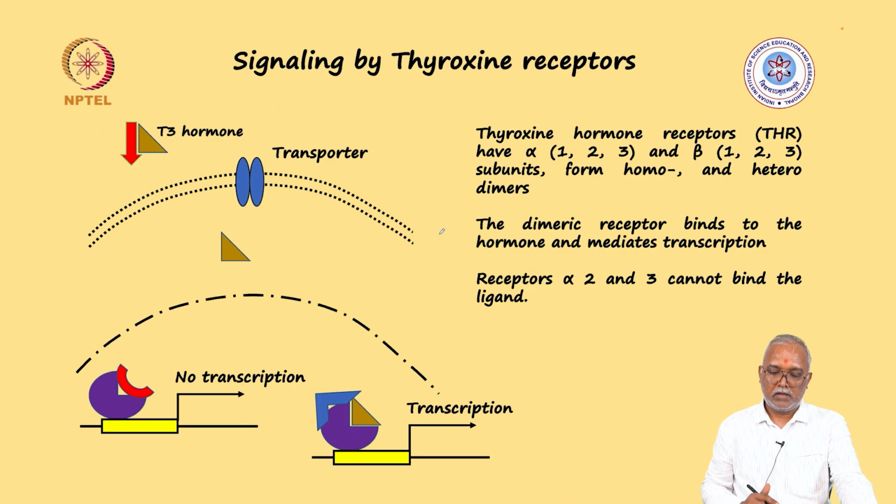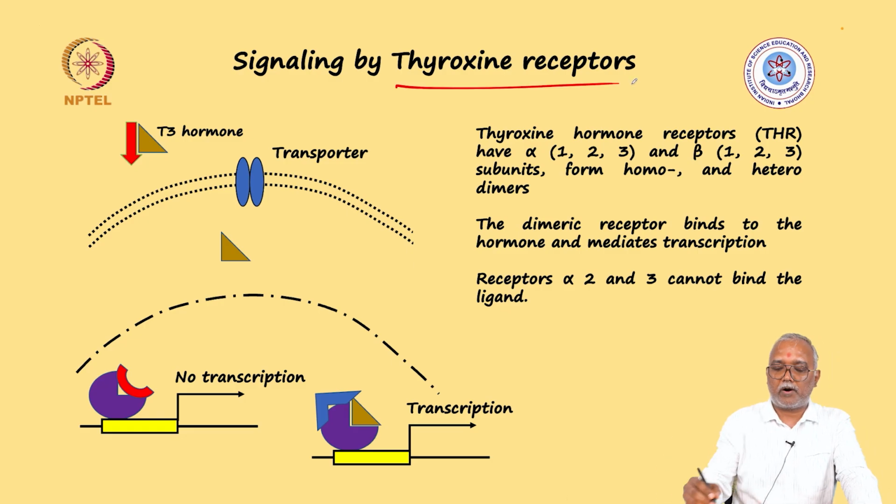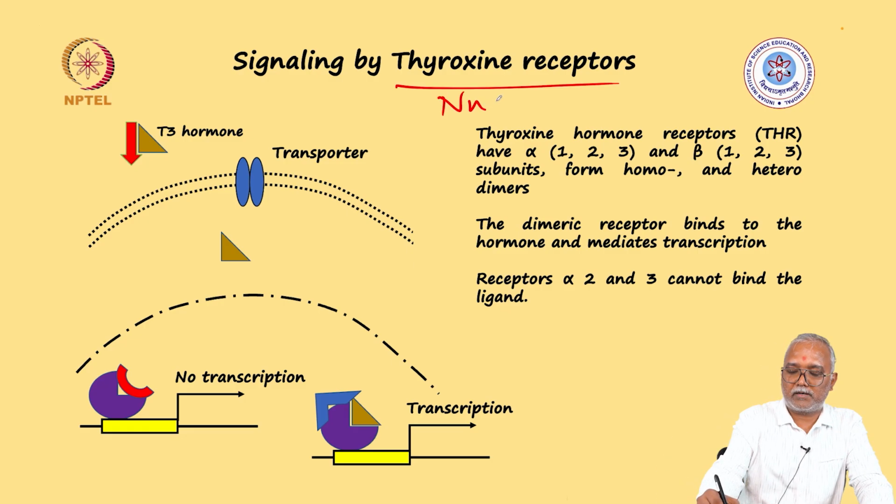An example of such nuclear type receptors, present in the cytosol or in the nucleus, is another receptor called the thyroxine receptor. But broadly, this will be in the class of nuclear receptors.